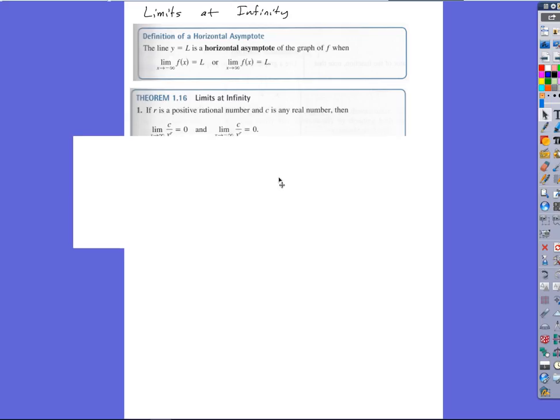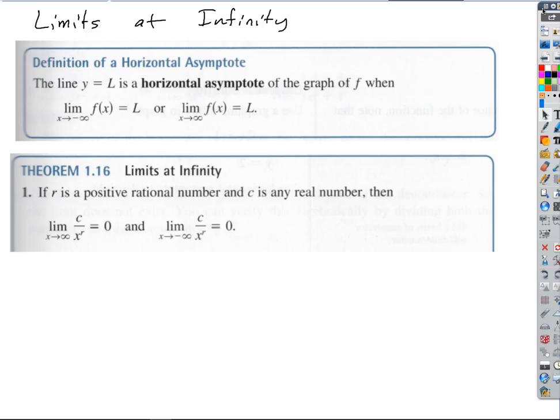So let's look at a couple of examples here of how we're going to, in order to do this, we need to utilize two relationships, and these will make sense. The limit of c over x to the r as x goes to positive or negative infinity is 0.